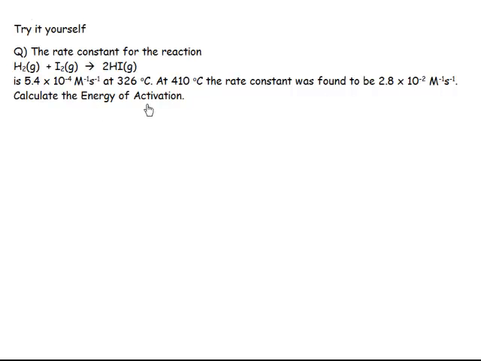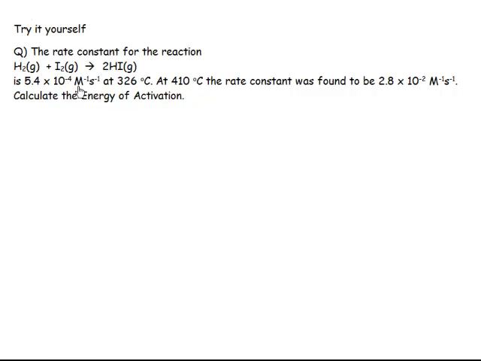Calculate the energy of activation. So we can use the Arrhenius equation. However, before substituting the temperatures in the formula, convert the temperatures from degrees Celsius to Kelvin by adding 273 to 326 degrees Celsius as well as 410 degrees Celsius.